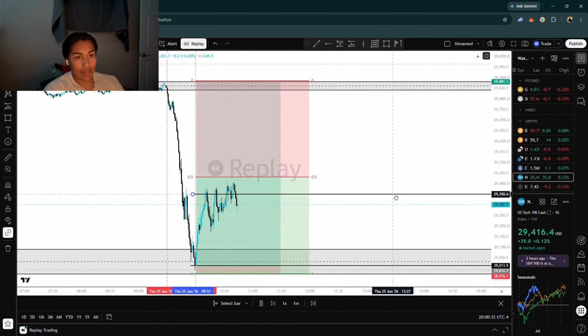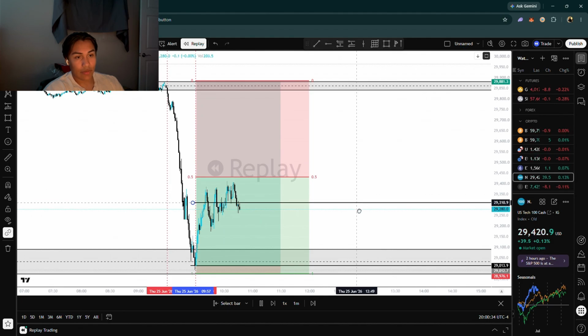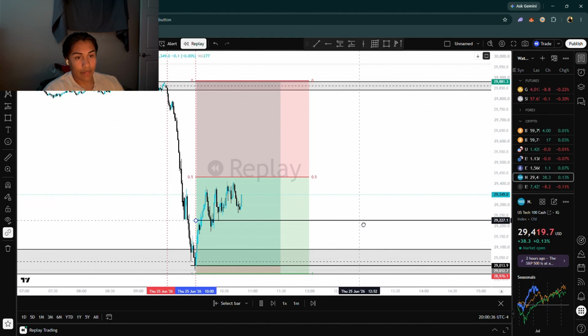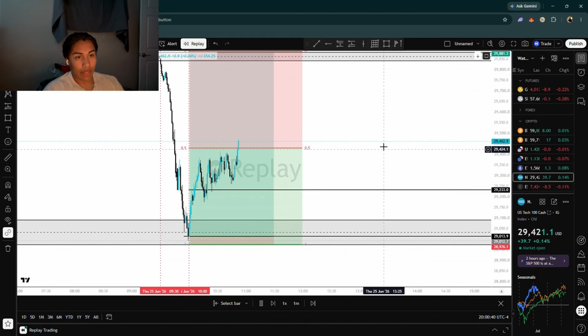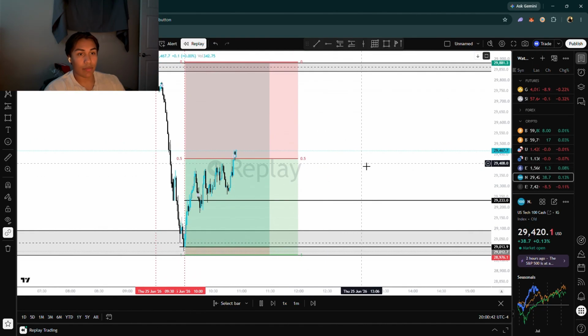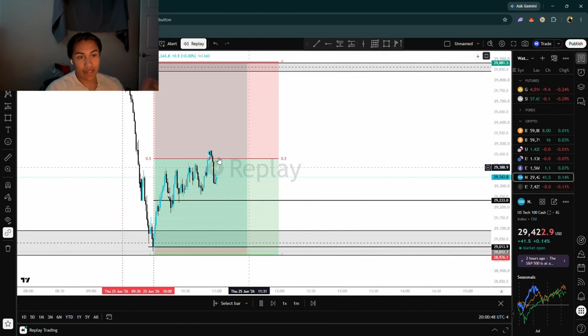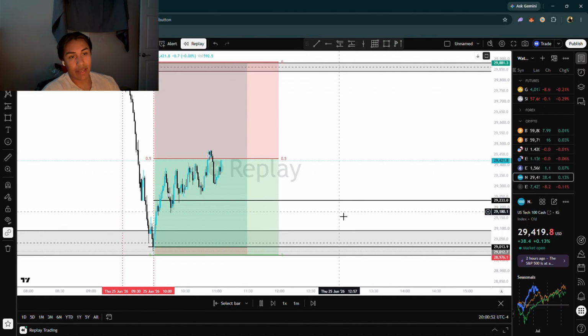Once I saw it past the 50% mark, that's when I decided to move my stop loss right over here, roughly right over there, at 50% of the 50% mark, which eventually got me stopped out, when realistically, if I stayed in the trade, I definitely could have eaten more of the sliver of the cake.